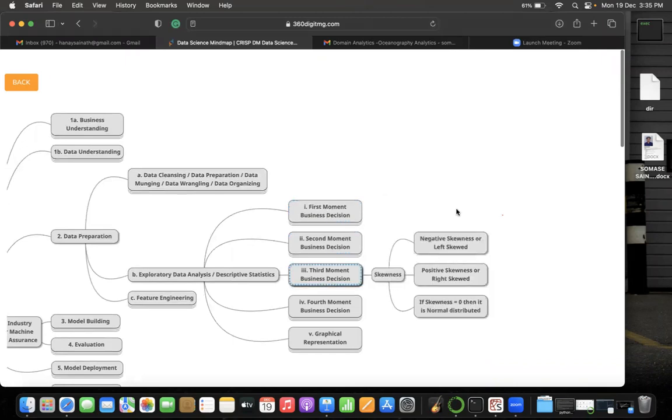In the third, we have skewness. Skewness is the measure of asymmetry in a distribution curve from the normal distribution. So it is representing a normal distribution curve without any skewness. A negatively skewed curve has most of the mass on the right side of the curve and a long tail extending to the left side.